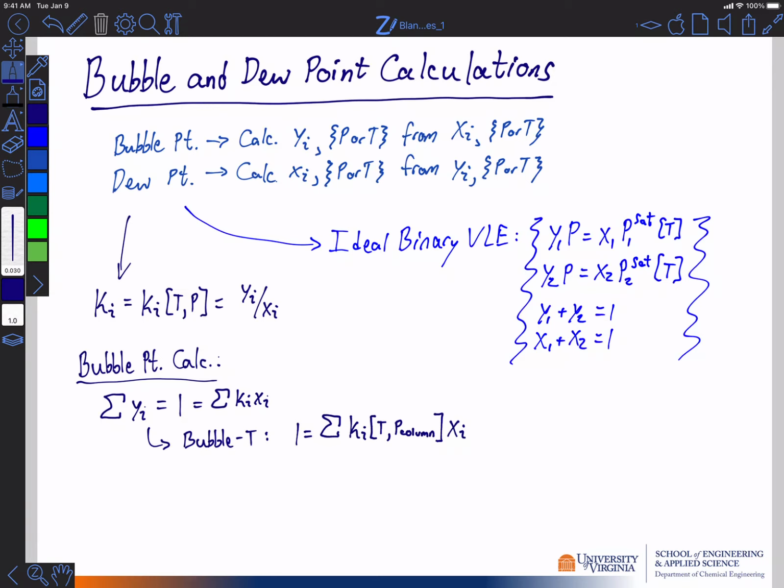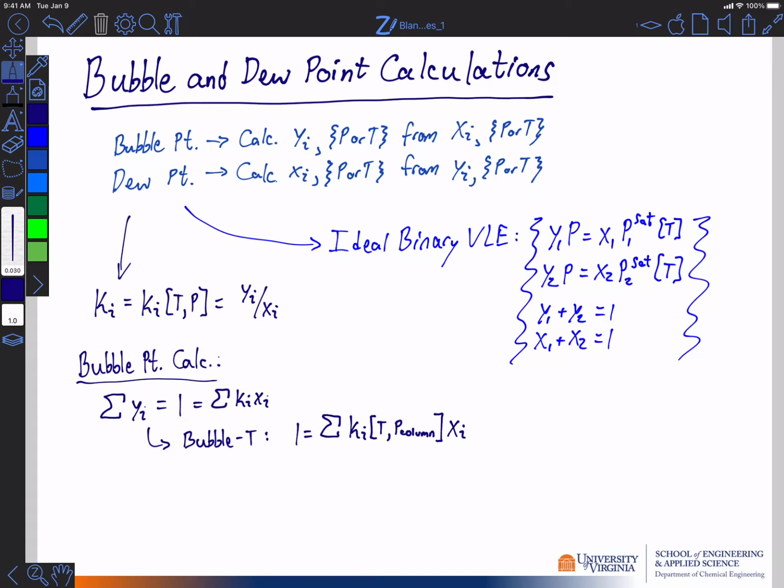We're given x in the bubble point calculation approach to things. We're given P if we're doing a bubble temperature calculation. And so in this expression we have here, we can do the bubble T calculation because the only unknown, if we write this out for however many components we have, is simply going to be the temperature. And so we might have a very nonlinear problem that we need to solve, but ultimately at the end of the day, we could do that math.